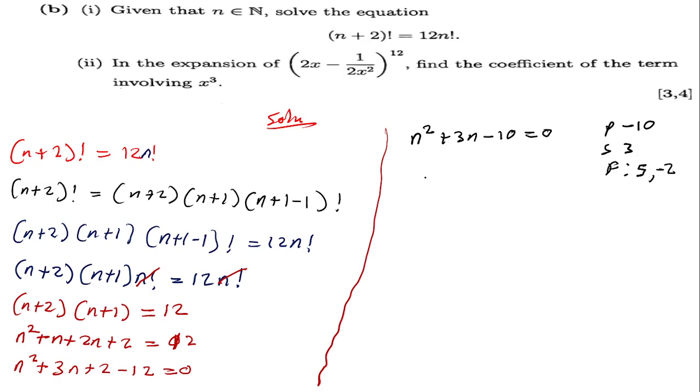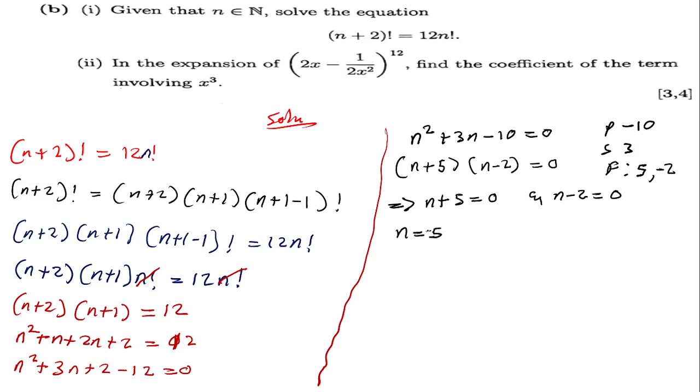Okay, since no one has a question, this can be factorized as (n+5)(n-2) equal to 0. This simply means that n+5 is equal to 0 and n-2 is equal to 0. So n is equal to negative 5 and n is equal to 2.